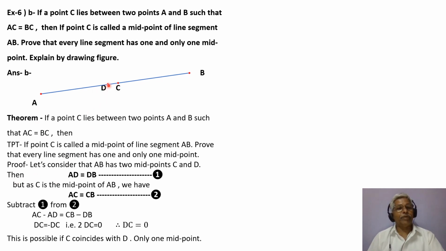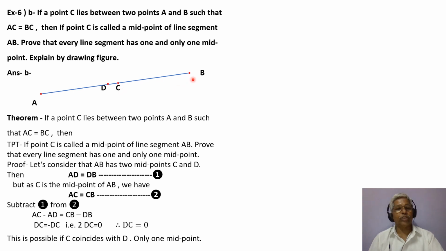Then if this is a midpoint, then AD is equal to DB. AD is equal to DB, first one. But as C is midpoint of AB, this was given, this is what we have considered, then we have AC equal to CB.